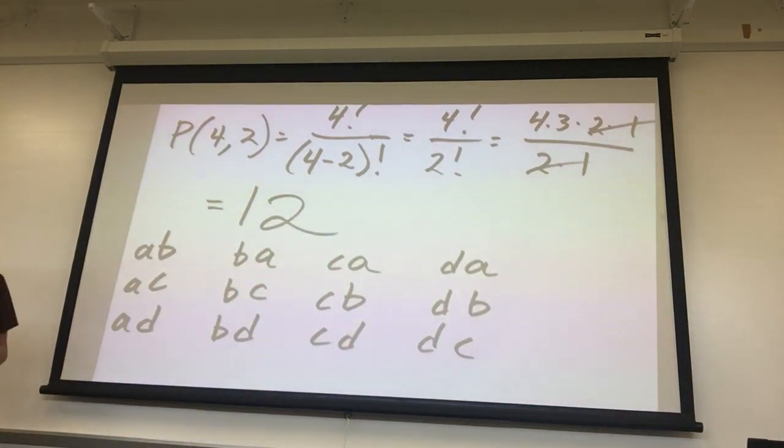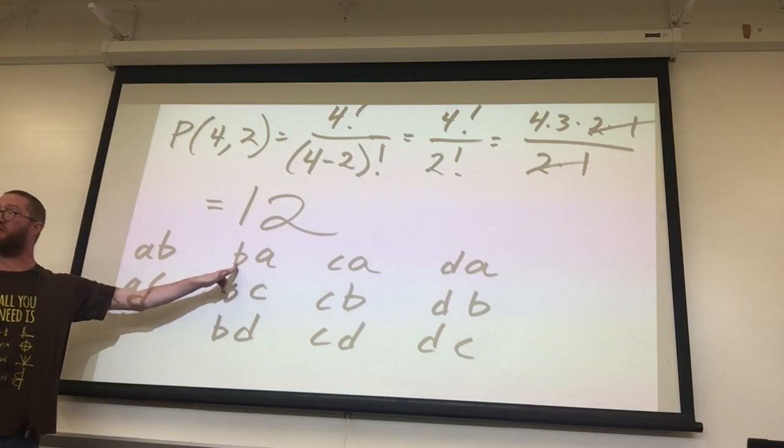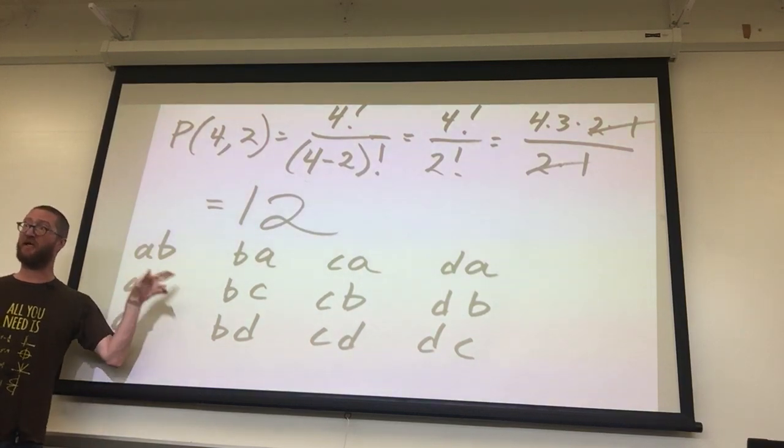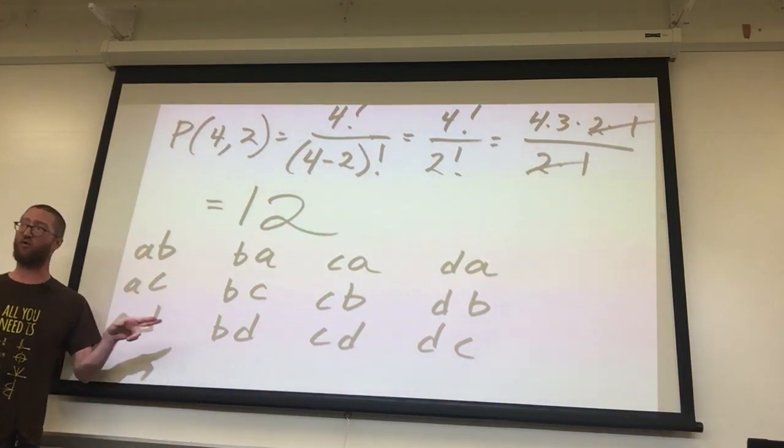Now, the thing to pay attention to about this is that this is talking about ordered permutations. Order matters. This isn't like a hand of cards where you can start switching the face cards to one end, the low cards to the other end, and then decide you're going to swap some out. So, AB and BA are two different things because this is ordered.